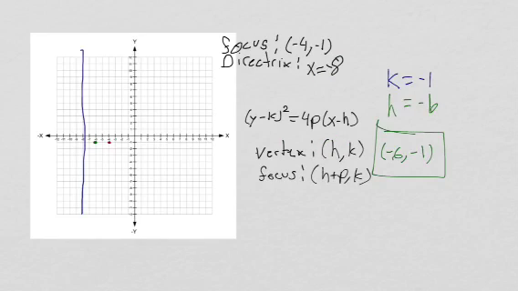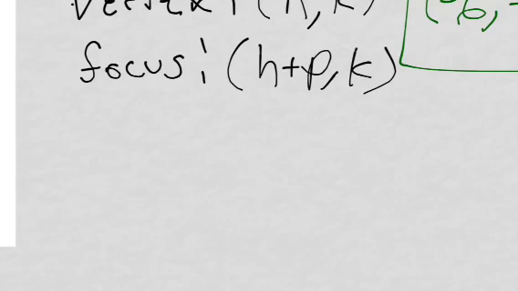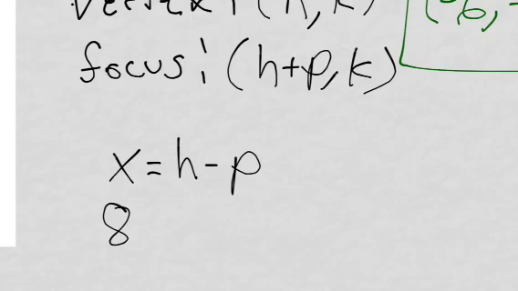So far we've identified k and h, so we need to identify p. To do this, we can use the directrix formula, which is x equals h minus p, and we know that x equals -8, and h equals -6 minus p, and then we can solve for p.